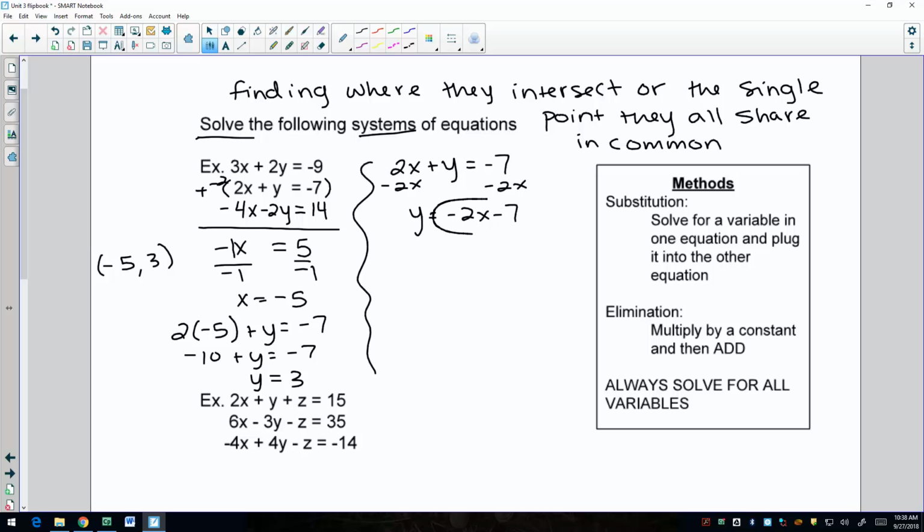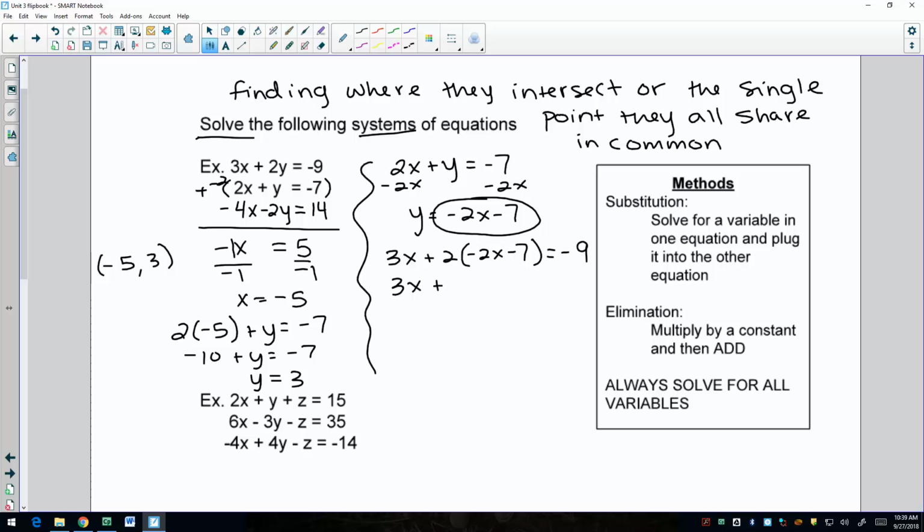Now you're going to take what y equals and plug it into the top equation, the other equation for y. Because I know that y equals this guy, so I'm going to put this guy in for y. So I replaced y with what he equals. Now the whole point of doing that is now look at what we have. We have an equation with only x in it, so we can solve for x.